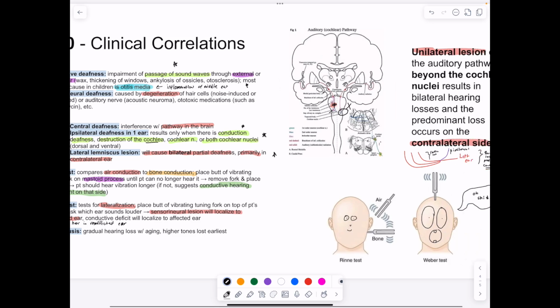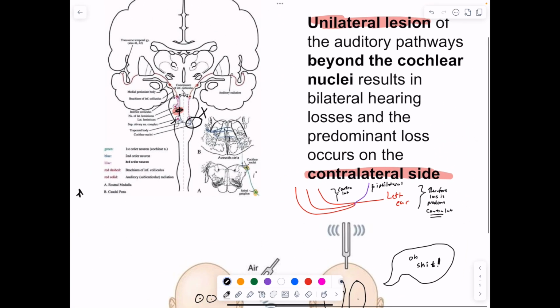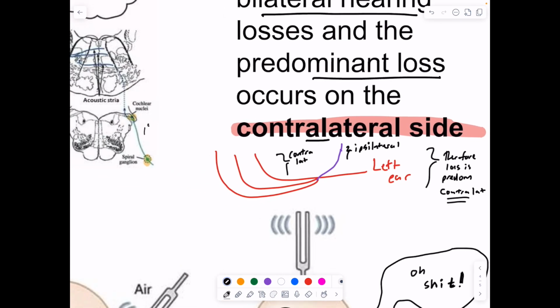And so the contralateral side will be the primary deafness side, but you'll also lose some on the ipsilateral side. Why is that the case? Well, a unilateral lesion of the auditory pathways beyond the cochlear nuclei results in bilateral hearing loss and the predominant loss on the contralateral side. Remember, the nuclei send out the dorsal striae, then the intermediate striae, but you also had the ventral striae, and the ventral striae actually sent a pathway up ipsilaterally, and then it sent a pathway contralaterally with these guys.